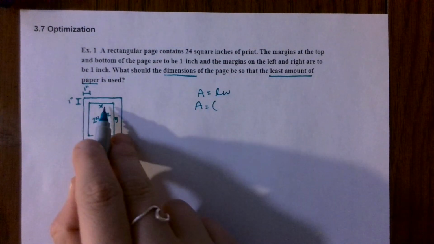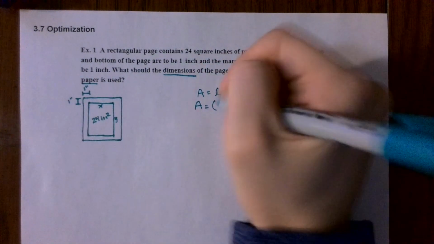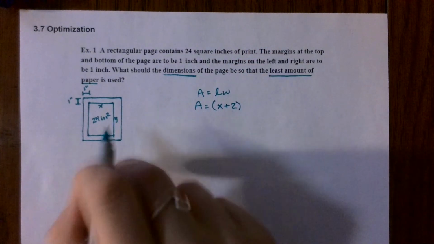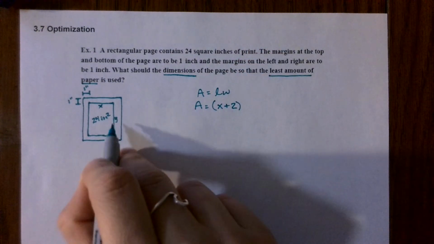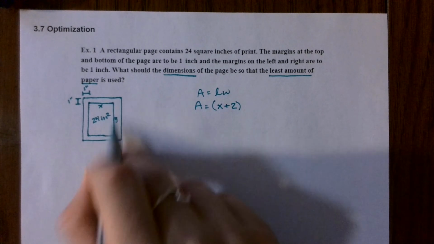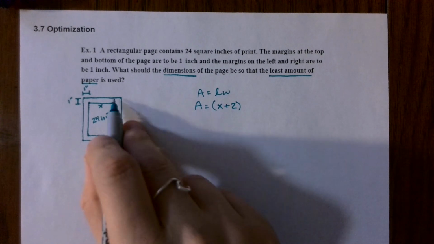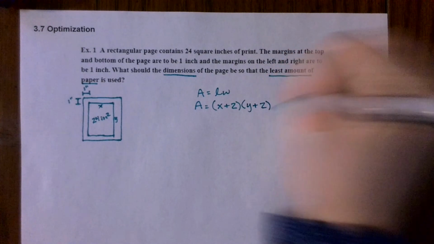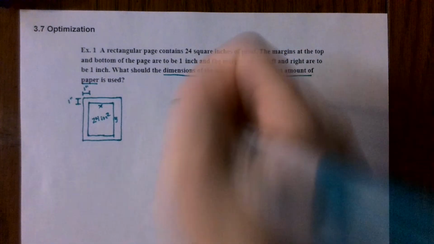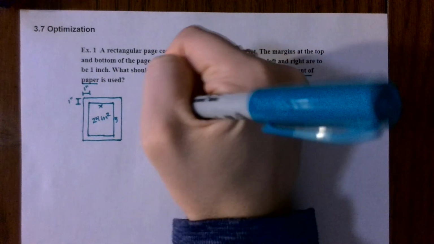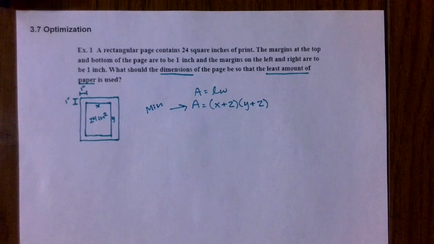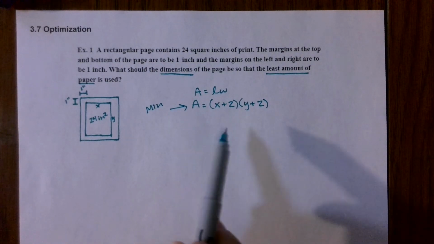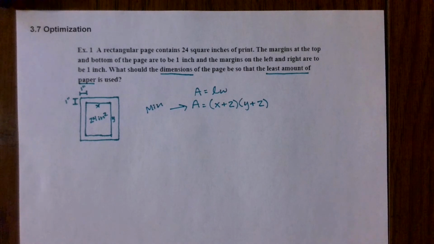My width here being x plus 2, and my length or width, it really doesn't matter which one is which, my height really being y plus 2, my margins on either side. And this is the area that I am looking to minimize. So eventually I will be taking the derivative of my area, and I'm looking to minimize the area.